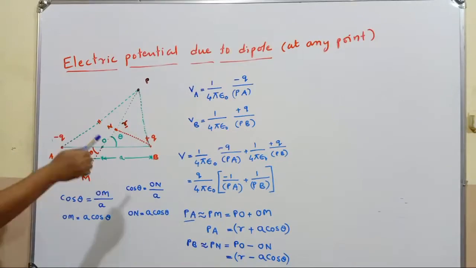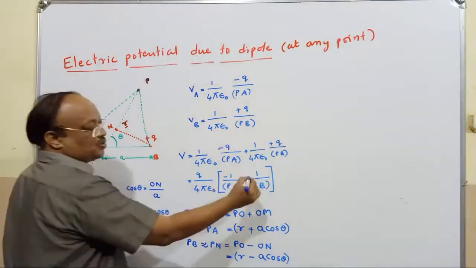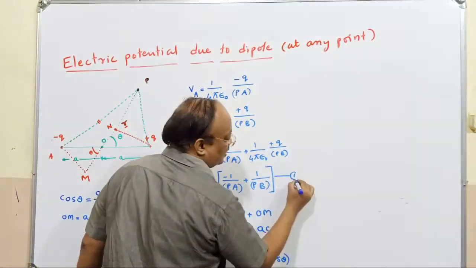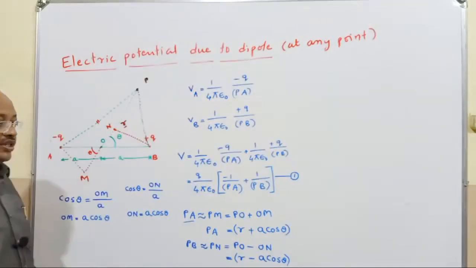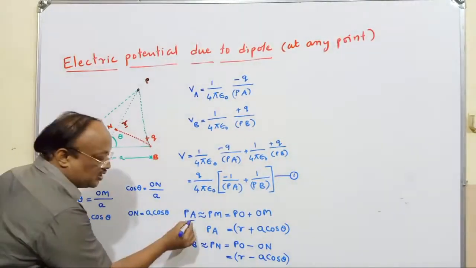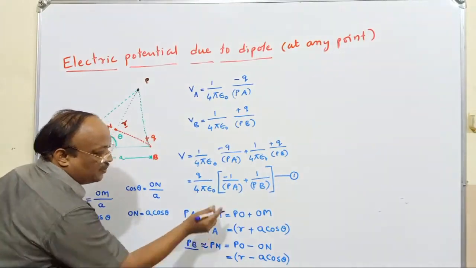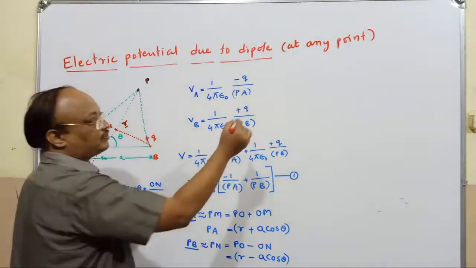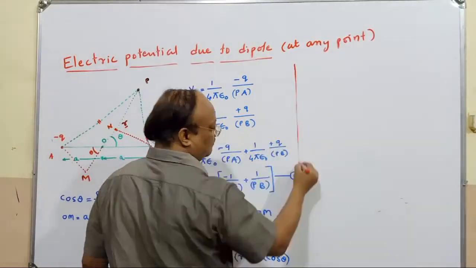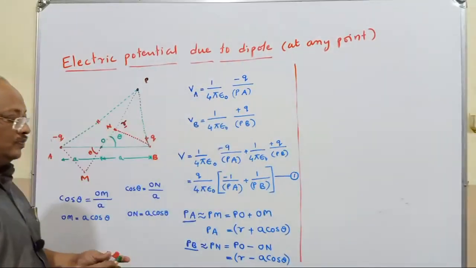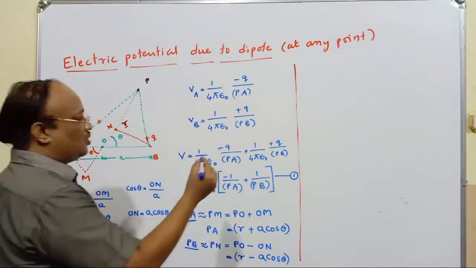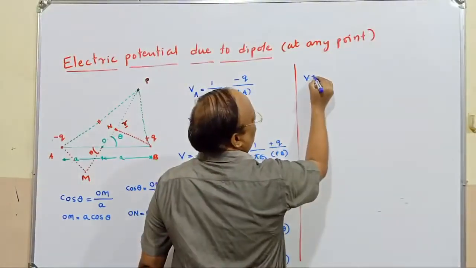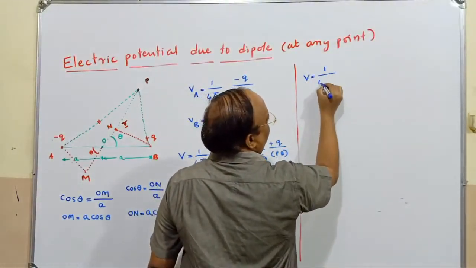So these things I'll substitute in this expression. If I say this as expression 1, this value of PA and PB I'll substitute here. So V is equal to 1 by 4 pi epsilon naught.